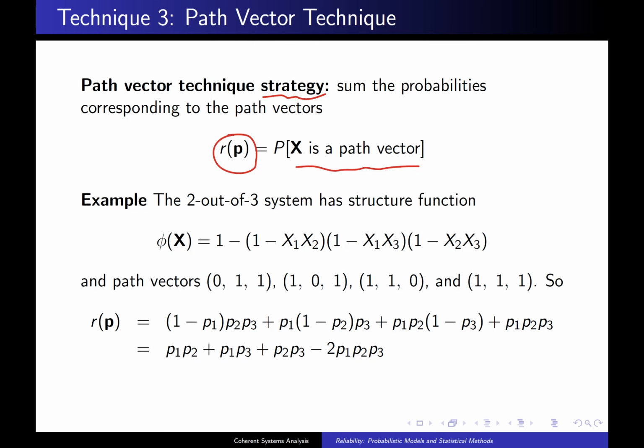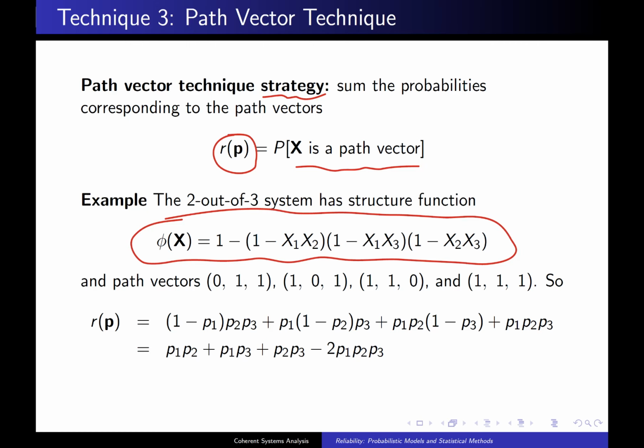Here's an example. The 2 out of 3 system has a structure function that looks like this. That can be found by drawing the reliability block diagram of a 2 out of 3 system with repeated components.